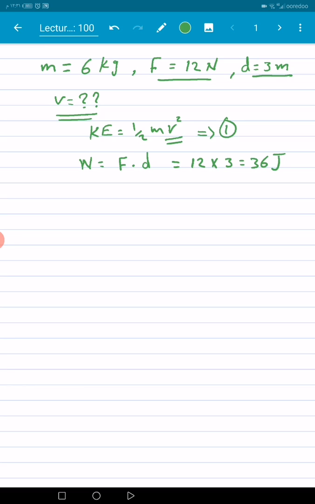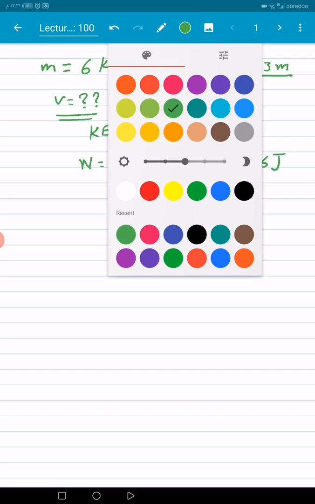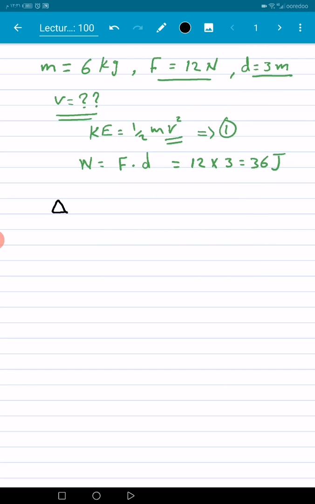From the previous lecture I know that the change of KE is equal to work. So the work is equal also to change of KE, no problem. You can do it from here, no problem.